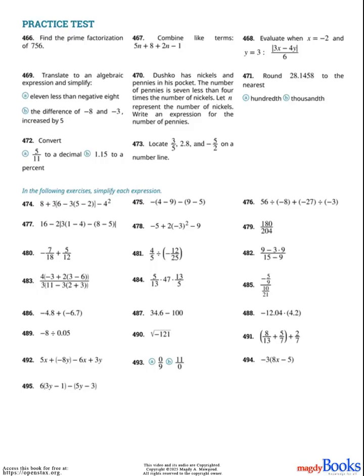Negative 5/9 divided by 10/21. 486. Negative 4.8 + (negative 6.7).